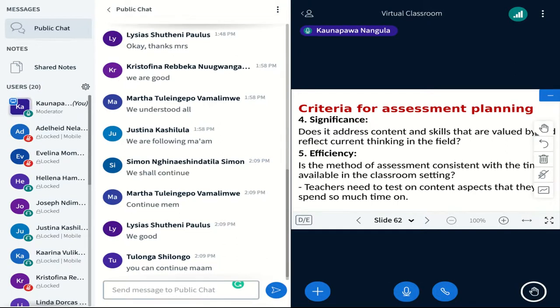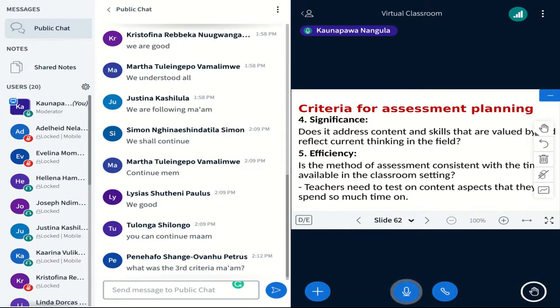Let me rephrase this. It will be almost impossible for you to give the learners a research task to carry out a complete research and write a research paper within one class. All right. Within one class.